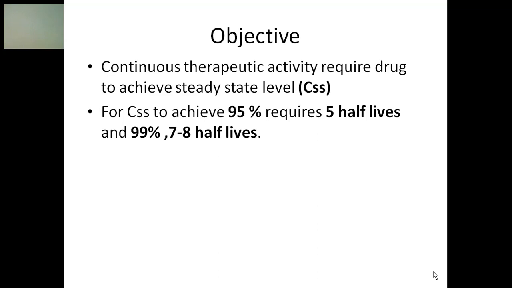Sometimes we don't have much time to achieve the therapy, where there is an urgency to achieve the therapeutic activity. So, in the normal case of multiple dose regimen, the major disadvantage is the time dependent achievement of therapy, which is steady state.